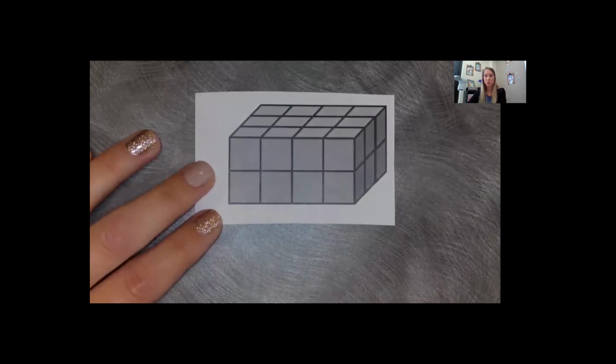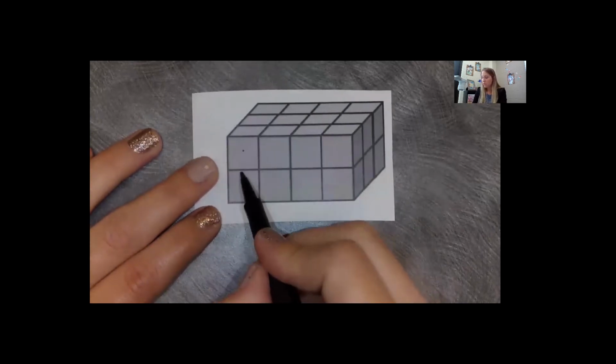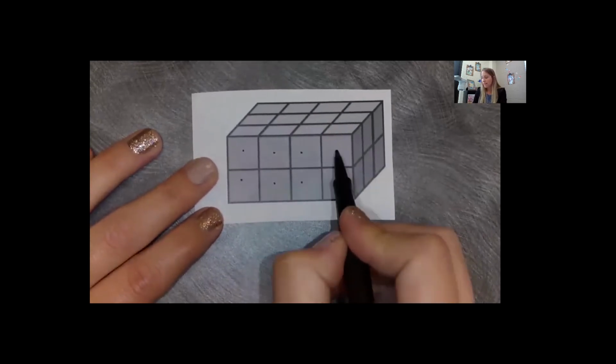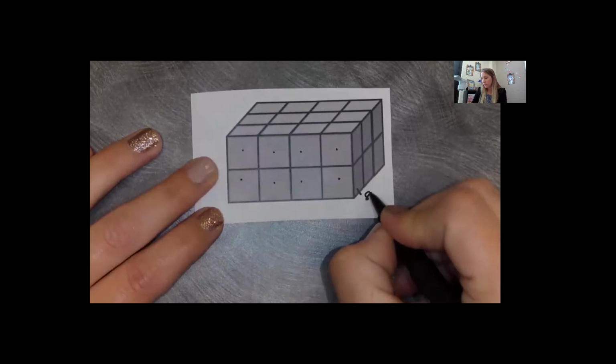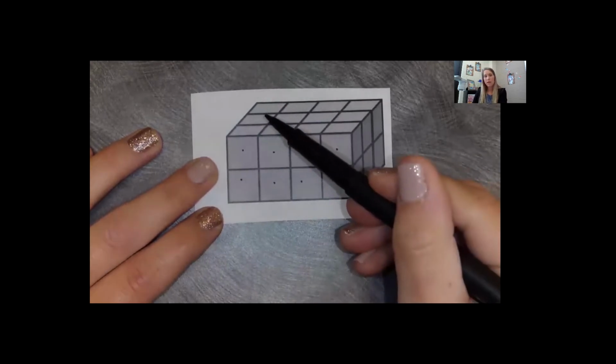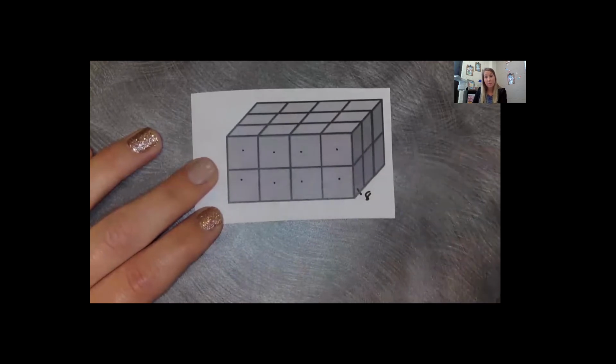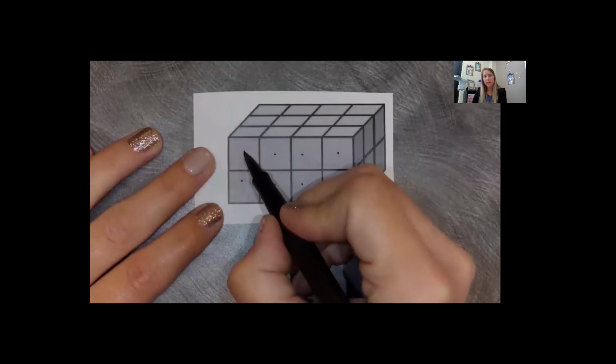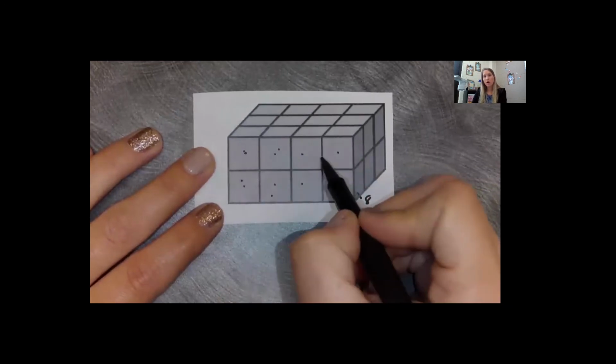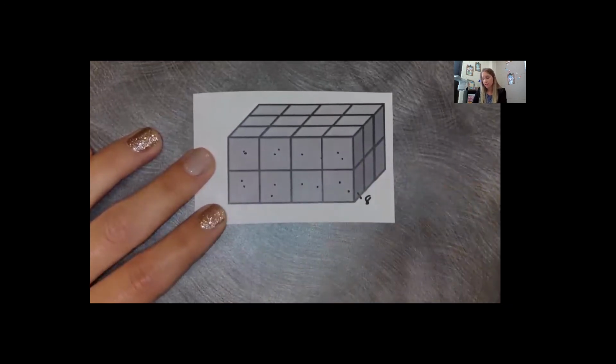Did you say I would need 24 unit cubes? Well, let's check. 1, 2, 3, 4, 5, 6, 7, 8. But I know that there is another row behind it that has how many? You're right, 8. So I'm going to count those again. 9, 10, 11, 12, 13, 14, 15, 16.